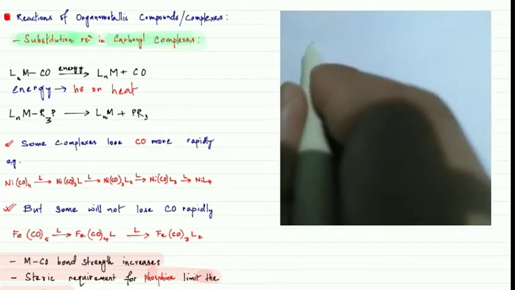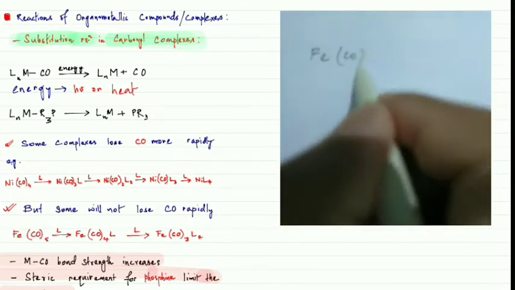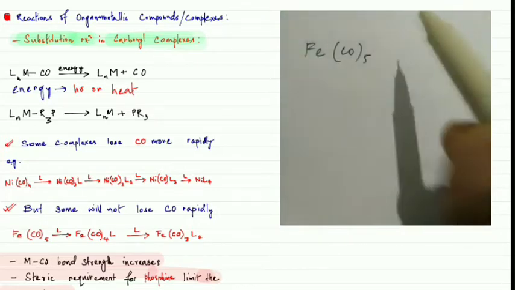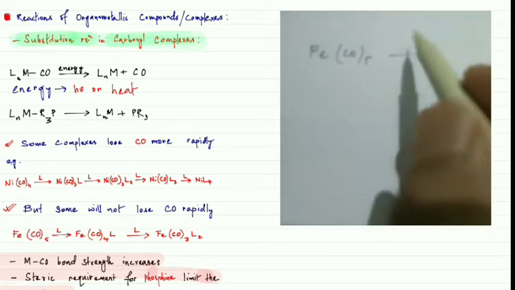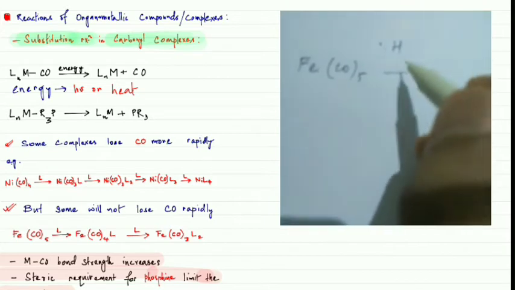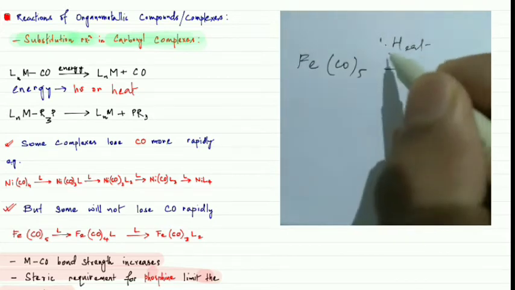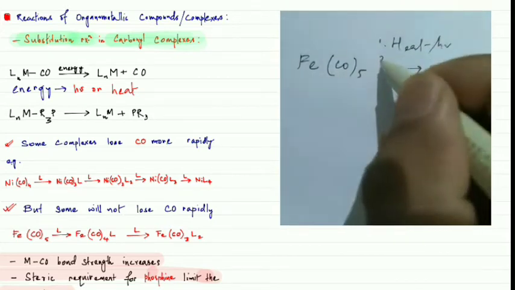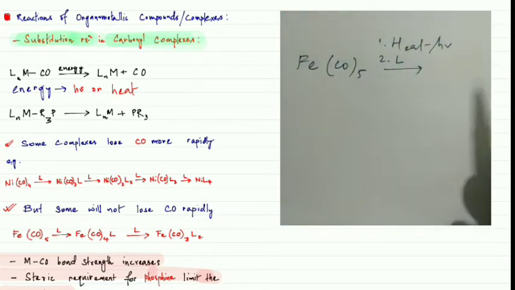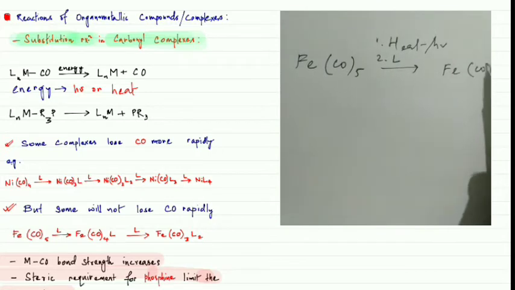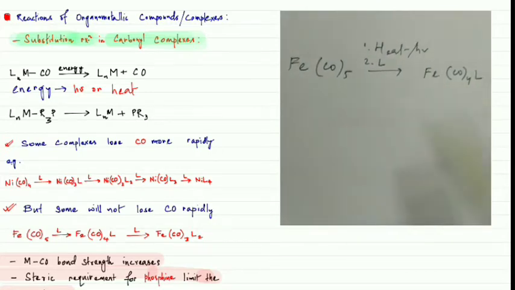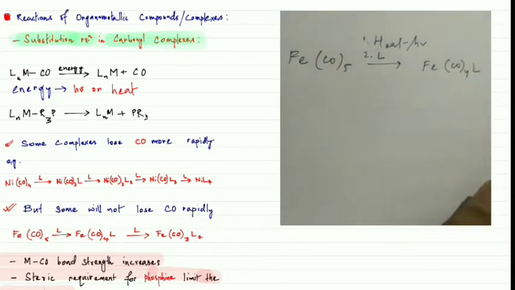So, as an example, iron pentacarbonyl. If you apply, in the first step, heat or h nu, and in the second step an appropriate ligand, then what is going to happen? You can form Fe(CO)4L, okay. So this is possible first.